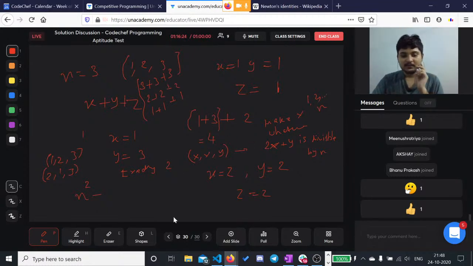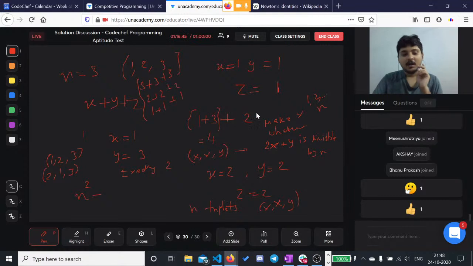So you have n triplets of the form x x y which are divisible by n. So freely choose x, and y will be fixed based on the remainder when 2x is divided by n.